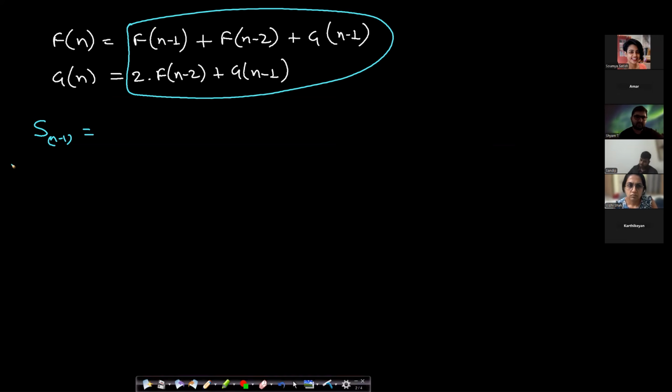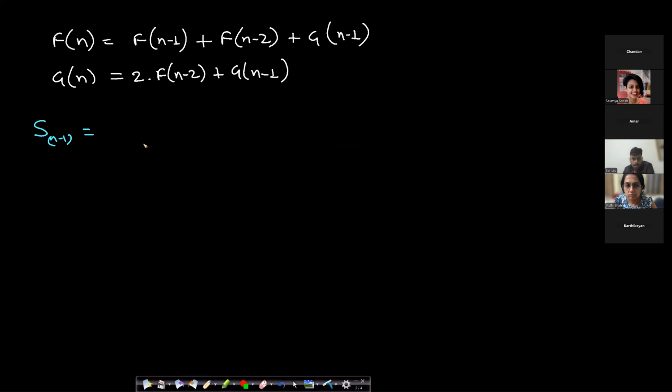So I told you the rule. If you have a constant multiplier, you leave that out. If you have a constant addition, you will add 1 for it. So what will be the column vector for this? You can write f of n minus 1, f of n minus 2, g of n minus 1, and then f of n minus 2 is again present, so this will be cancelled out.